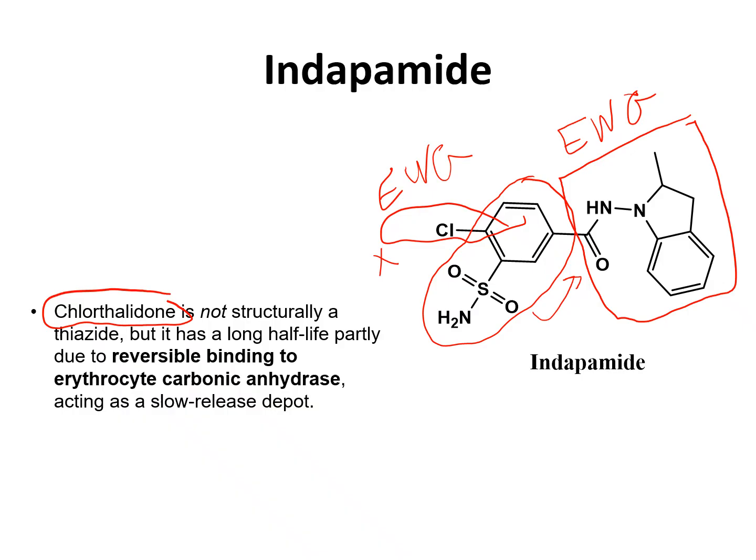So it binds to the erythrocyte carbonic anhydrase, and that binding allows the structure to stick to erythrocytes and get slowly released over a longer time. That's what gives us a long half-life: its reversible binding to erythrocyte carbonic anhydrase.